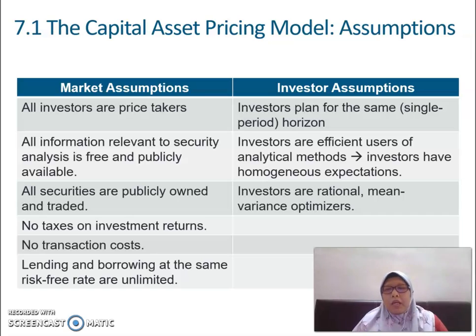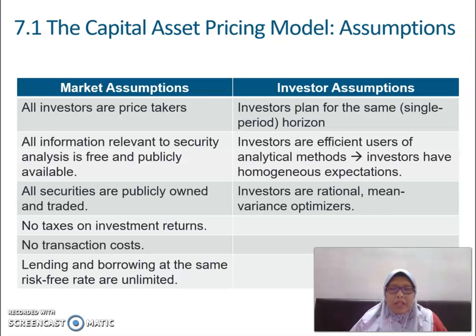Investor assumption number two, investors are efficient users of analytical methods. It means that investors are like you, they know investment analysis. Investors are rational and mean-variance optimizers, meaning they have some degree of risk aversion and are very cautious about their risk.